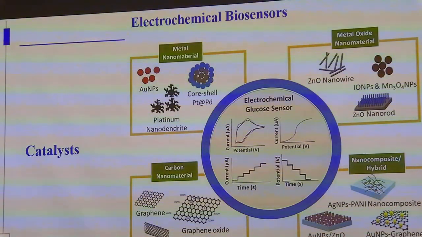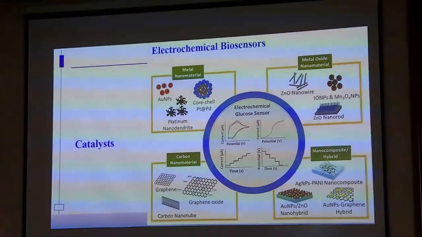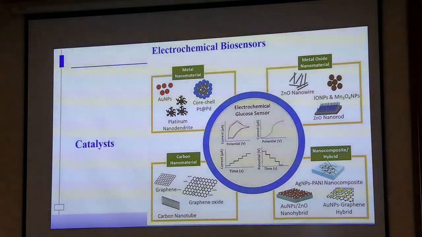So you can create these nanocomposite or nano hybrid materials. Another category definitely is carbon nanomaterial based, and here a couple more materials like 2D materials such as MXene family or TMDC family. So there are many, many catalysts that you can explore for electrochemical biosensing application.